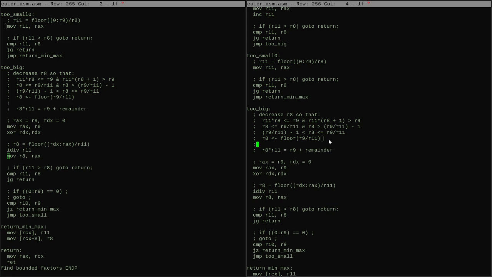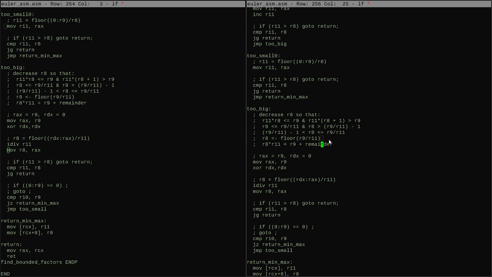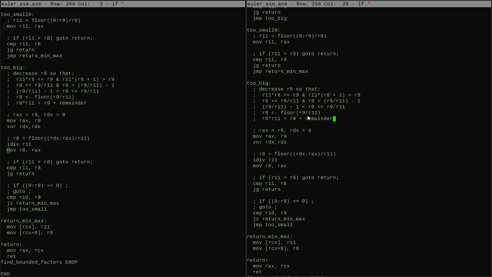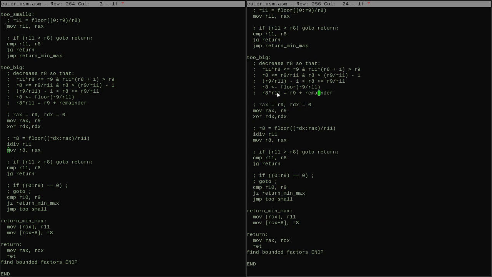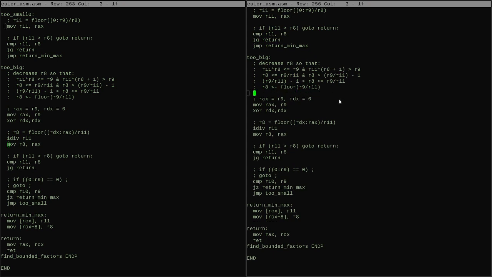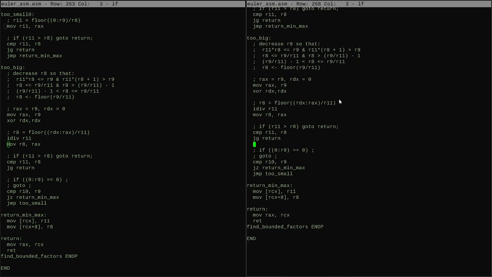And when you floor it, you're basically saying, let's pretend there's no remainder or fractional part. And if you check the remainder and it's 0, then you know that this multiply exactly equals the thing you want, which is what we're trying to find. So a remainder of 0 after the divide tells us to go to return min-max. Otherwise, we go to too small because we've gotten as big as we can on this side.